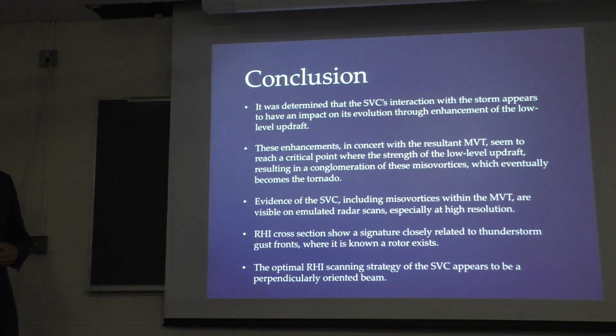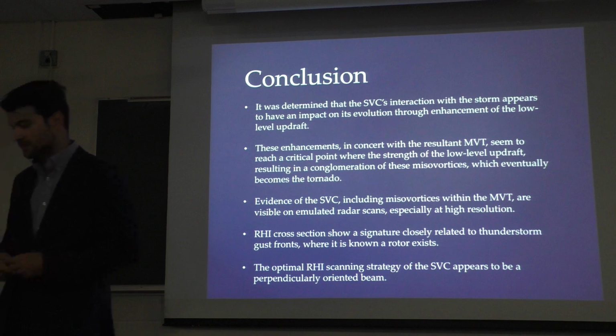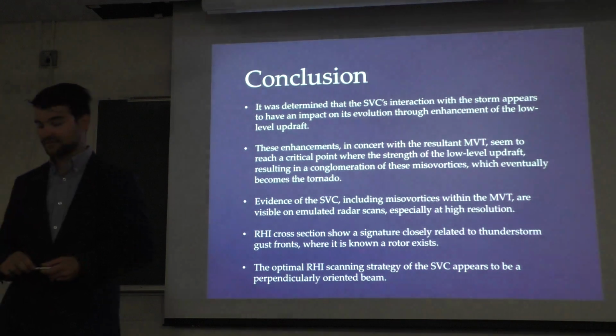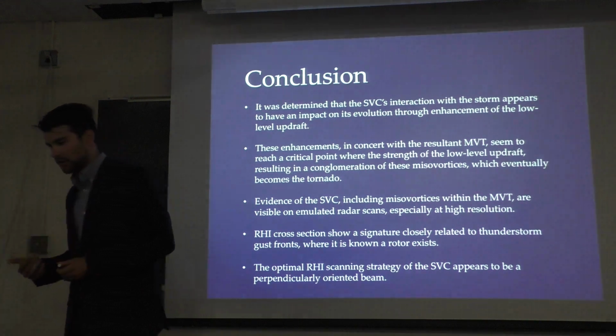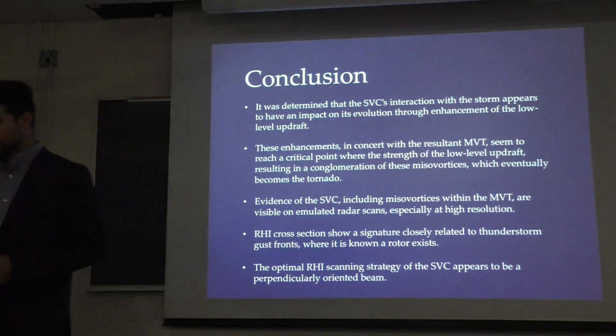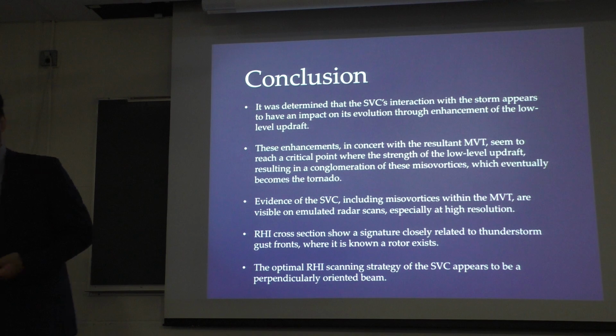Evidence of the SVC, including these mesovortices and the MVT, is visible on these radar scans that I've emulated, especially at the higher resolution. And the RHI cross-section shows a signature that closely resembles the rotors found on thunderstorm gust fronts. I believe the optimal RHI scanning strategy to find this feature would be perpendicular orientation.